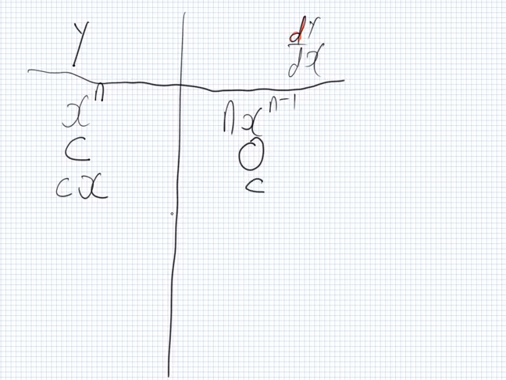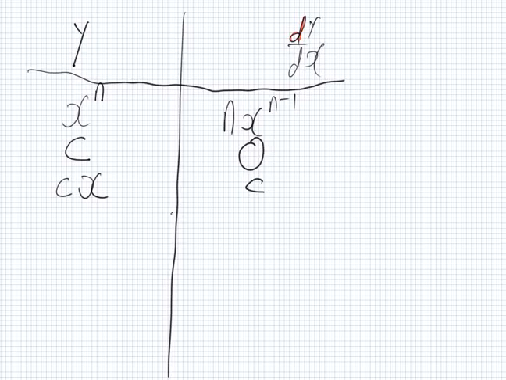Now, if you think about it, that makes a lot of sense. Because the graph y equals cx. What type of graph is y equals cx? The name of this? Yeah, y equals cx is linear. And what does the number in front of the x represent? The n.